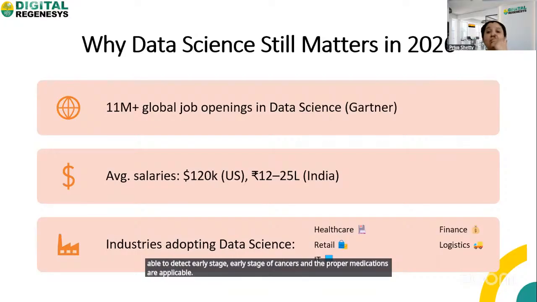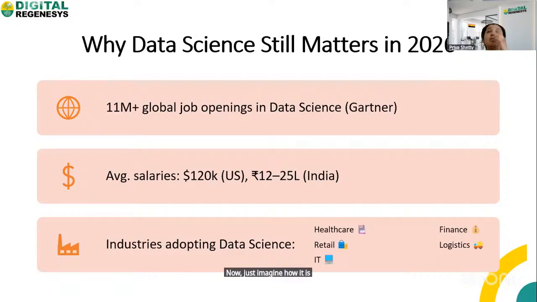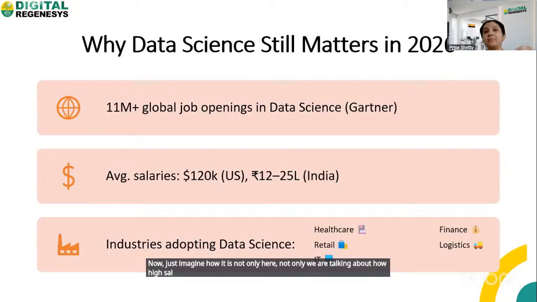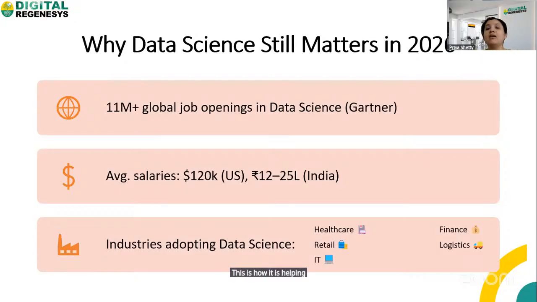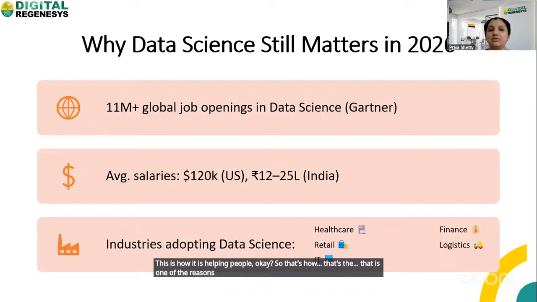Now just imagine. We are not only talking about how high a salary we will get by doing data science, but practically, this is how data science and AI are helping people. That is one of the reasons why it is booming so much.